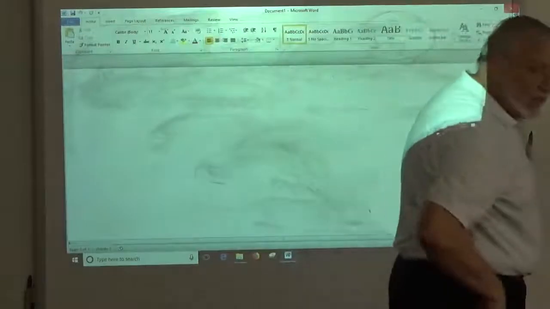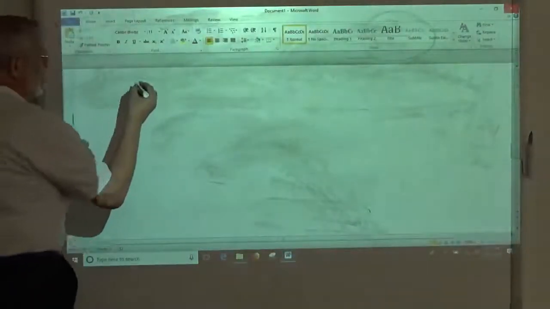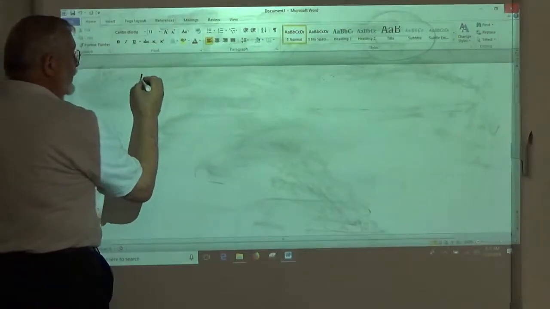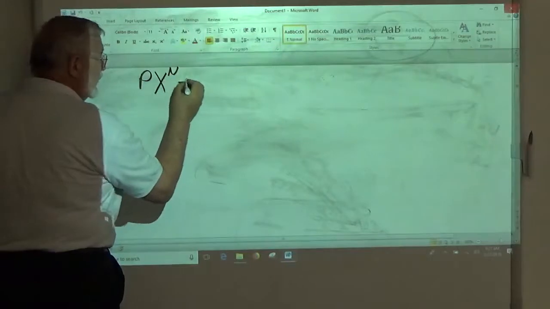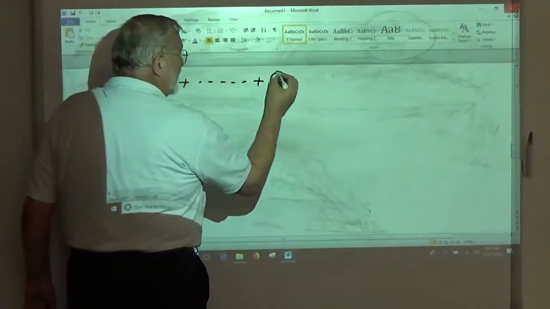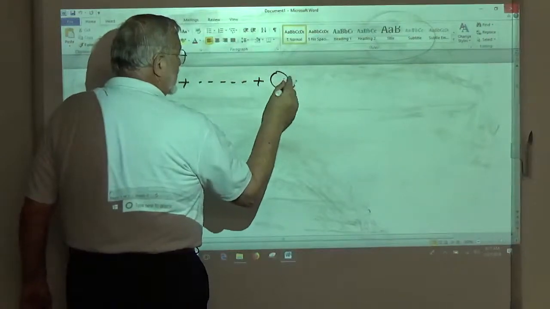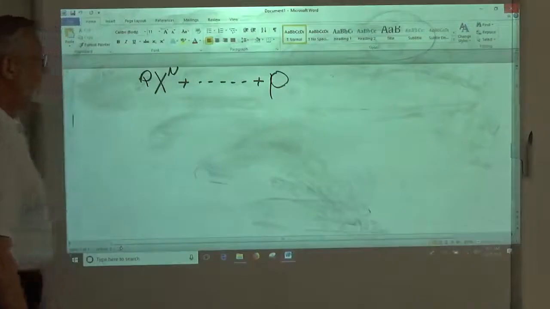The second thing that I want to talk about, that the book does not use that often, is this. If you have px to the n plus, and then you go all the way down here, and then at the end you have, whoops, wait a minute, sorry, this is supposed to be p, this is q. Okay?